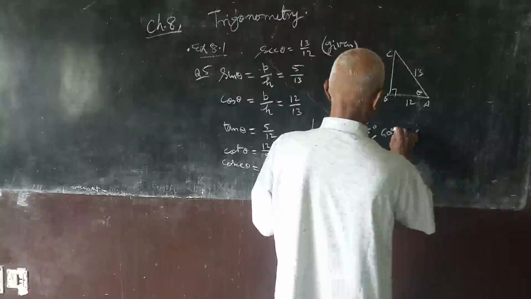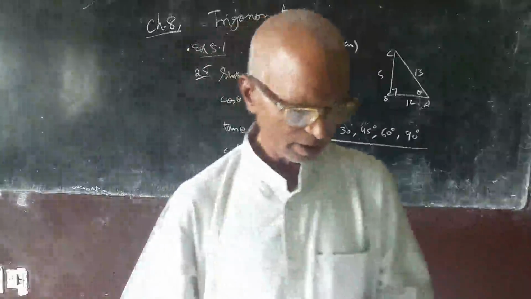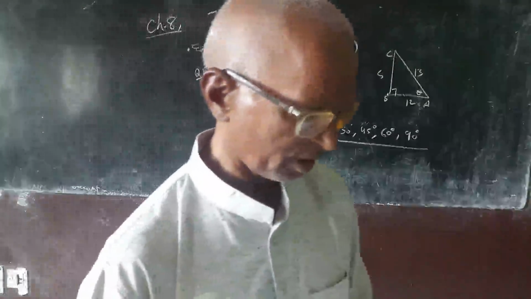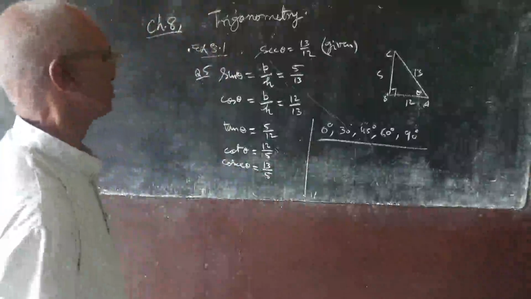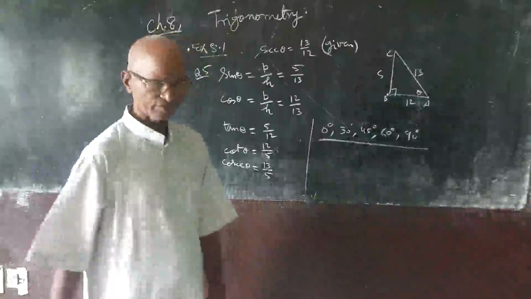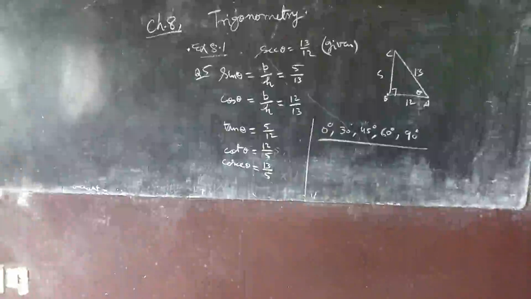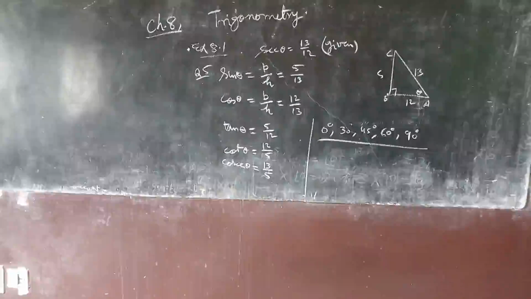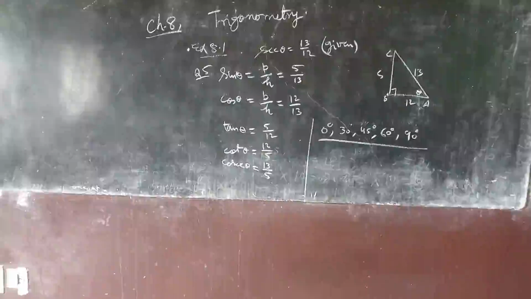Though trigonometric ratios of more angles can be calculated very easily, at your standard only these 5 angles, and all ratios relating to these 5 angles I shall tell you after finishing this exercise of chapter 8. So we are stopping here, and you try to understand the thing.